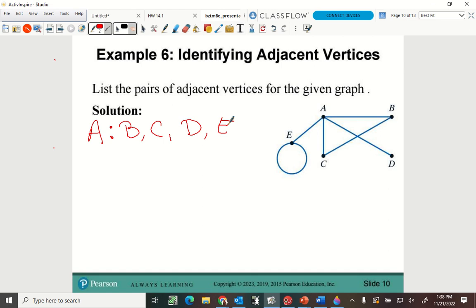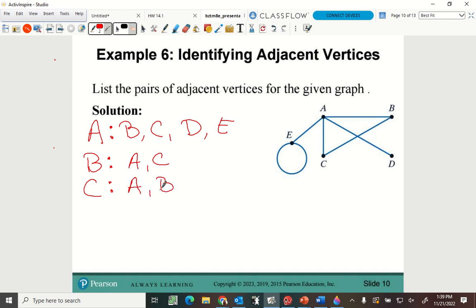Okay, good. How about B? Let's look at B. It's going to be A and C. That's two. Letter C: A and B. I'll give you a second to write these down.